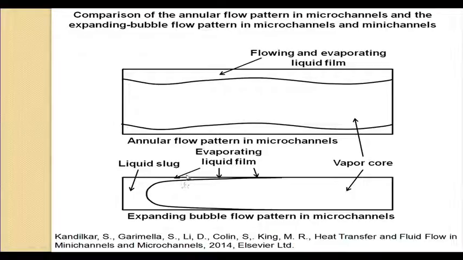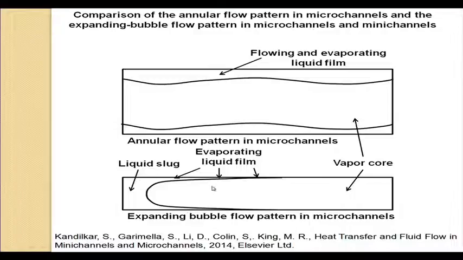Now, here I would just like to mention that this expanding bubble flow pattern has some differences with the annular flow pattern that we observe under adiabatic conditions. What is the main difference? If you observe the annular flow pattern, we find that there is a flowing liquid film and a flowing vapor or gas core. While in this case, we find that the bubble keeps on expanding and pushing the liquid film, and this liquid film is basically stationary.